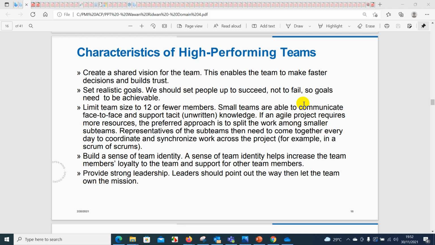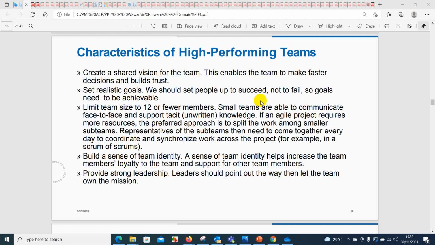Small teams are able to communicate face to face and support tacit or unwritten knowledge. If an agile project requires more resources, the preferred approach is to split the work among smaller sub-teams. Representatives of the sub-teams then need to come together every day to coordinate and synchronize work across the project, for example, in a scrum of scrums.